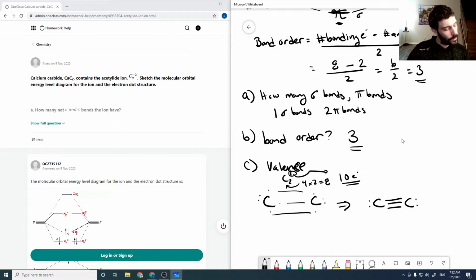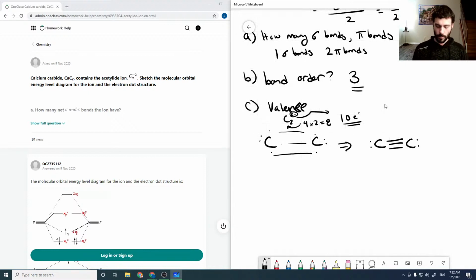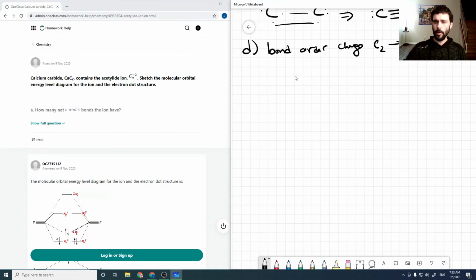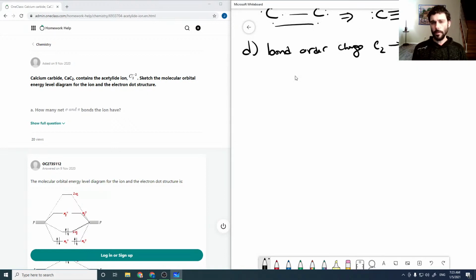Okay, and for D, the question is, how does the bond order change in going from C2 to C2 minus? If we look at our MO diagram, which I'm just going to re-sketch, just the top orbitals, we have a pi, a sigma, a pi star, and a sigma star. And so this was C2.